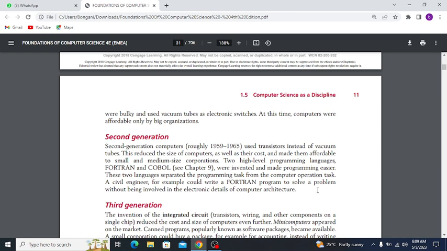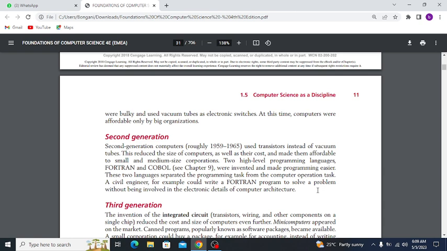During this generation, they could write programs without being involved in the architecture of the computer, the way the computer is manufactured. They could write code now, whereas during the first generation they were using switches to store data.